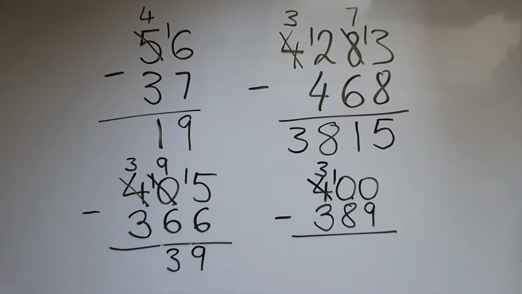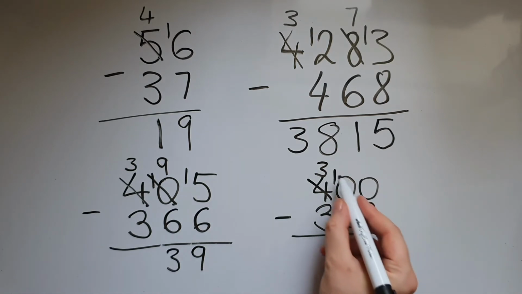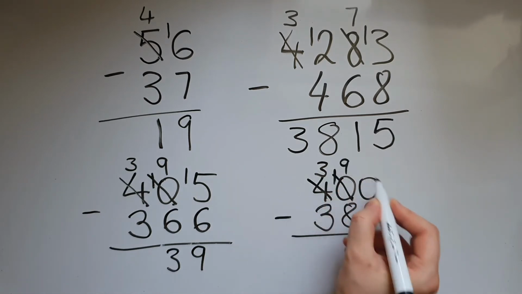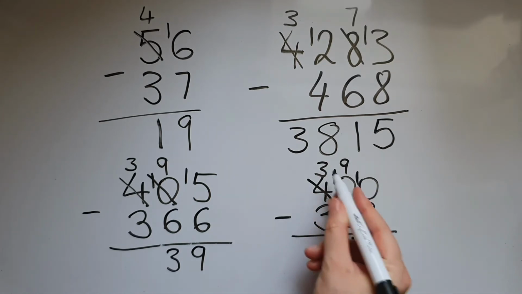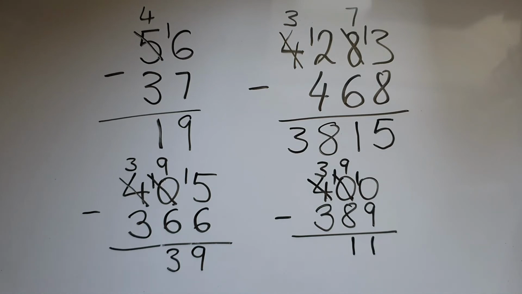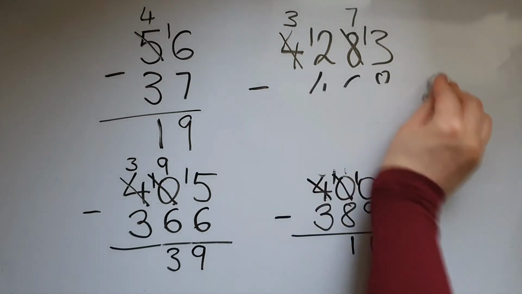This becomes 10. Now I can borrow 1 from the tens, making it 9, and the units become 10. So 10 take away 9 leaves me with 1. 9 take away 8 leaves me with 1. 3 take away 3 is 0. Let's try with some larger numbers as well.